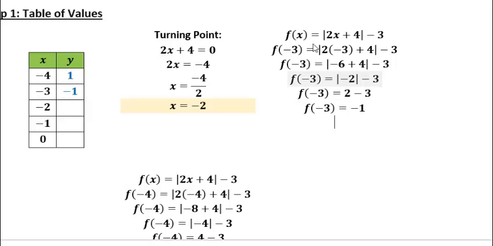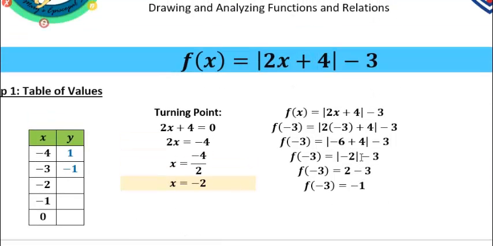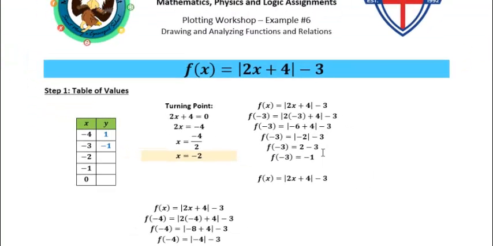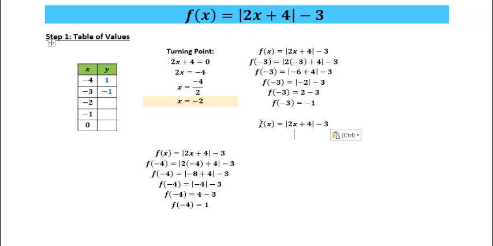Okay. So I copy the formula again of the exercise. And I keep working the same way. So I'm gonna put f parentheses, but instead of x, I'm gonna put the next number, which is -2.